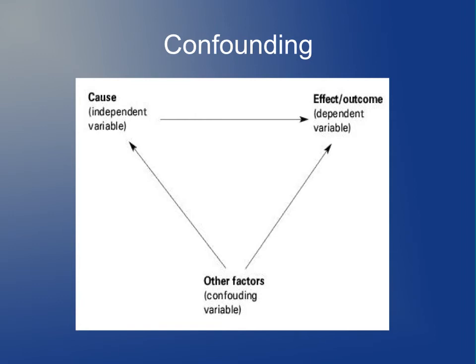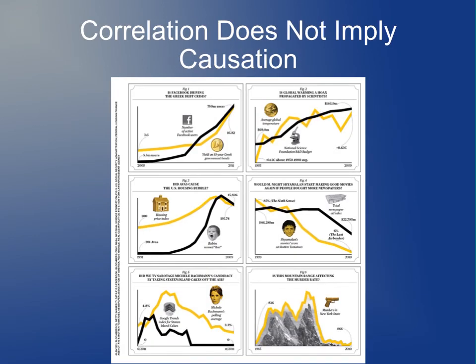Confounding is when there's a variable C, the variable at the bottom of the graph in this figure, that affects both variable A and variable B, and you can't be certain which is the cause and which is the effect, or if there's no association at all between A and B, and they're simply caused by variable C.